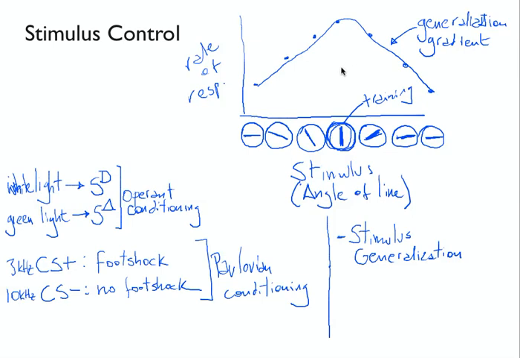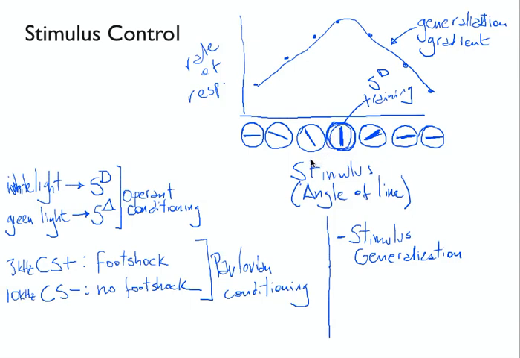And what it shows is that even though you trained, this was your SD. Even though you trained explicitly the animal on this SD, similar stimuli are also effective to a lesser degree, but still effective to elicit some responding to the extent that they are similar to the training SD.